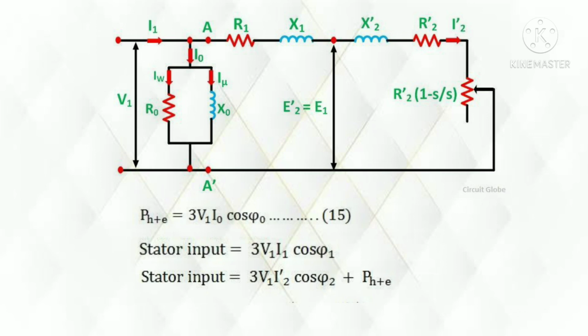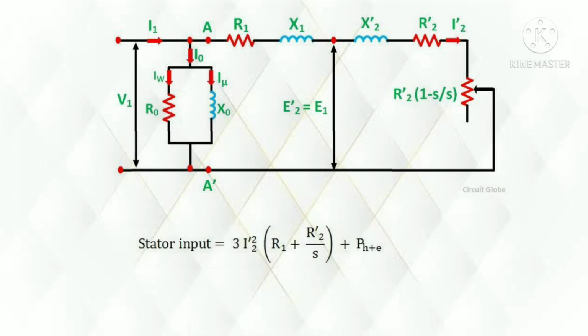That is, 3V1 I1 cos phi 1 equals core loss plus 3V1 I2 dash cos phi 2. 3V1 I2 dash cos phi 2 is the copper loss in the circuit. So this can be written as 3V1 I2 dash cos phi 2 equals 3 I2 dash whole square times R1 plus R2 dash by S, as copper loss occurs only in the resistors, not in the inductors.